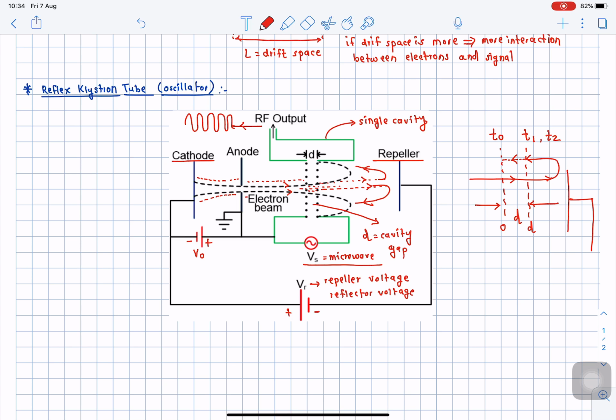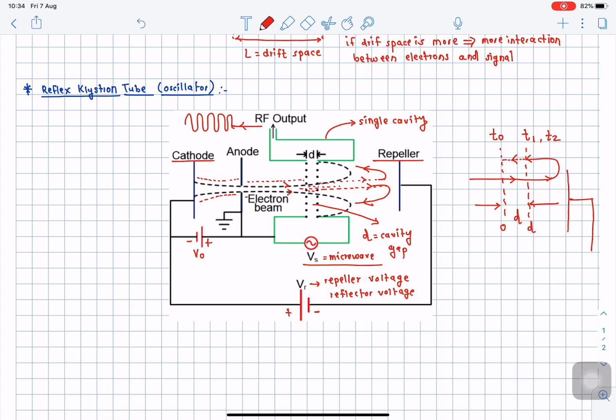So this particular reflex klystron is essentially used as an oscillator circuit rather than an amplifier circuit. Only, the reflex klystron is utilized at a very low power level, and a typical application which makes use of the reflex klystron as an oscillator circuit includes laboratory based microwave generators.